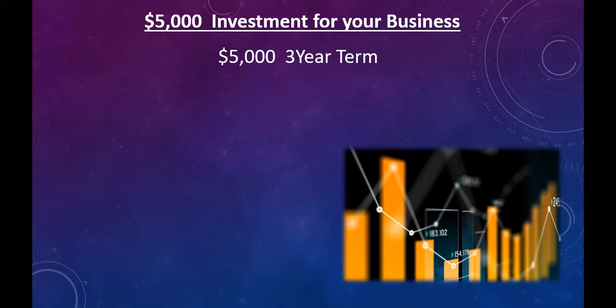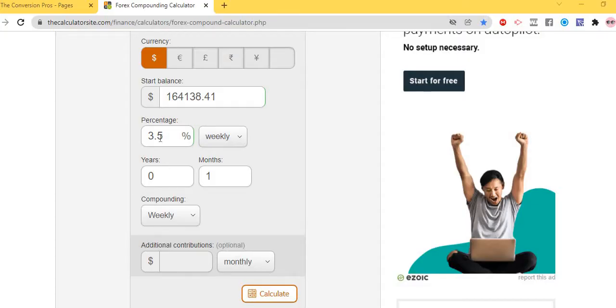Okay, so let's see what that looks like. We're going to do a $5,000 investment at 3.5%. It's going to be weekly. We're going to change this to 0 because we want to do a 3-year term. Let me go back. So 3-year term.